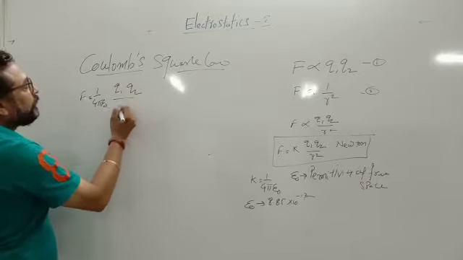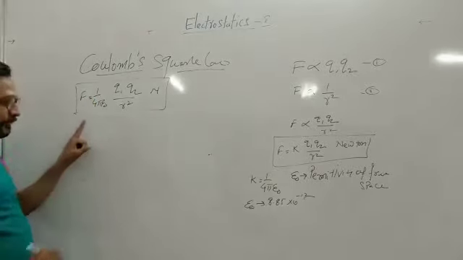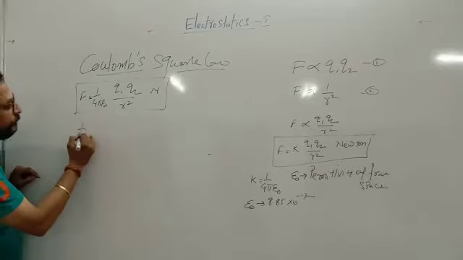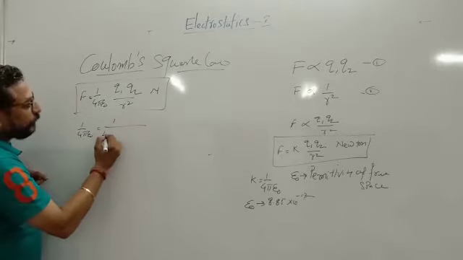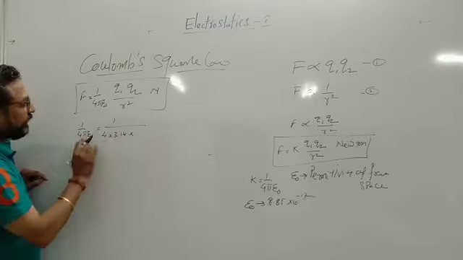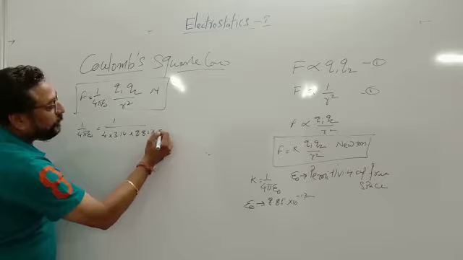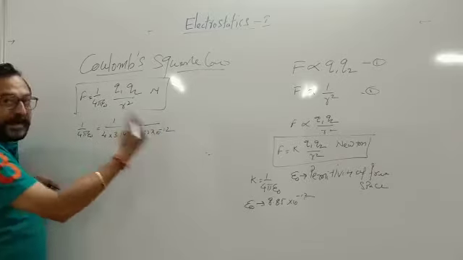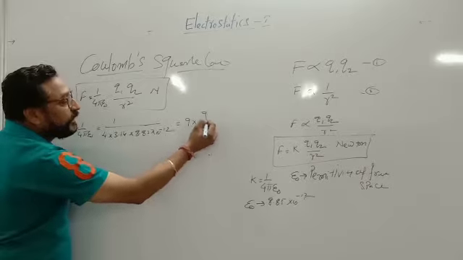Q1 Q2 upon R square, in Newton. We know that. And the value of 1 upon 4 pi epsilon naught is equal to 1 upon 4, the value of pi is 3.14 and epsilon naught is 8.85 into 10 to the power minus 12, and the numeric value taken out is 9 into 10 to the power 9.